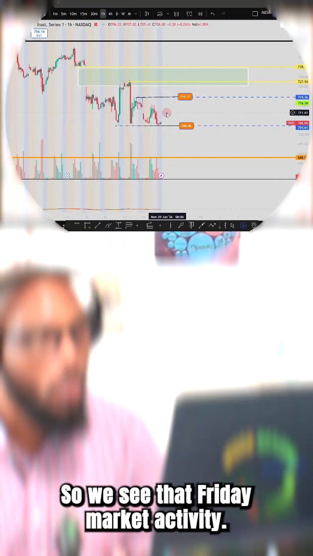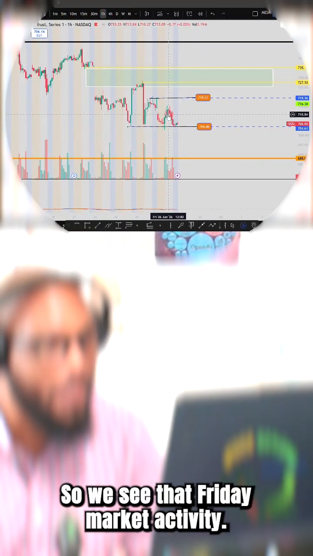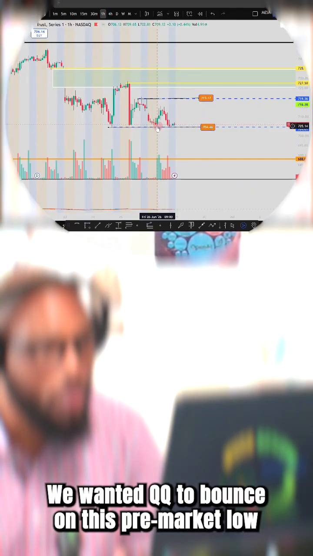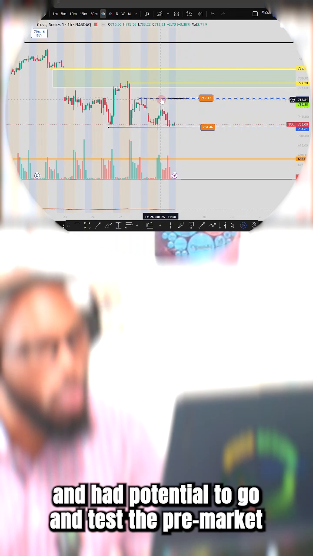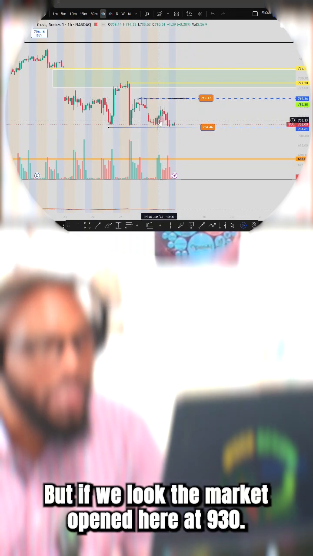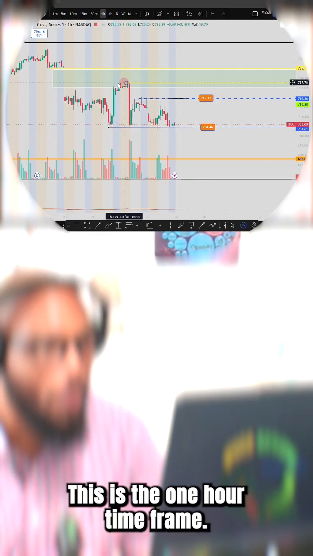All right. So we see that Friday market activity, we wanted QQQ to bounce on this pre-market low and had potential to go and test the pre-market high of 719. But if we look, the market opened here at 9:30. This is the 1 hour time frame.